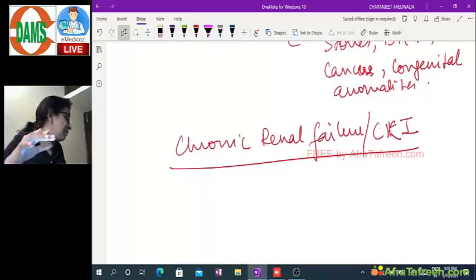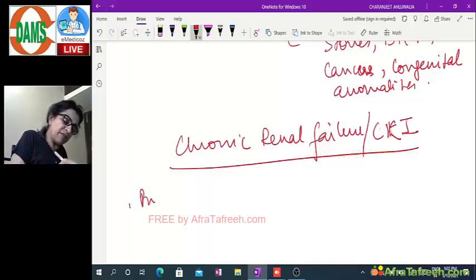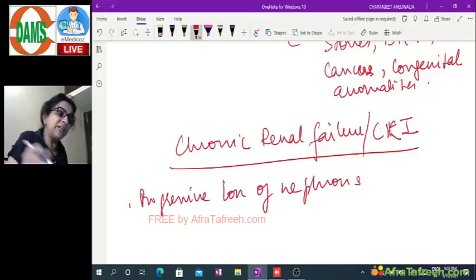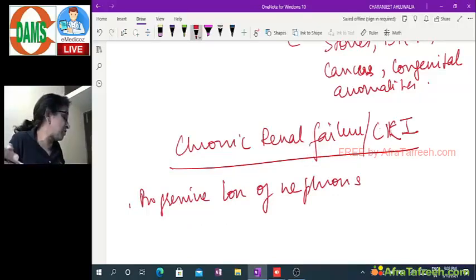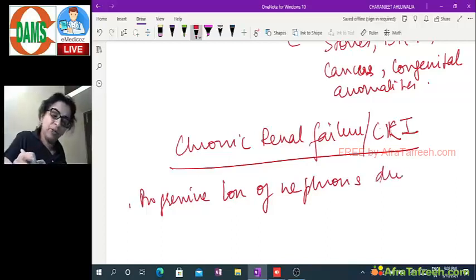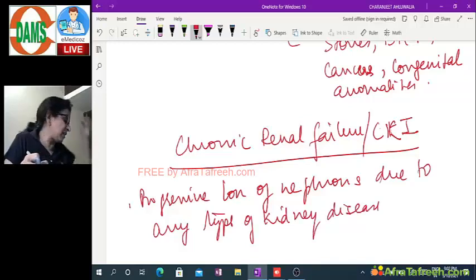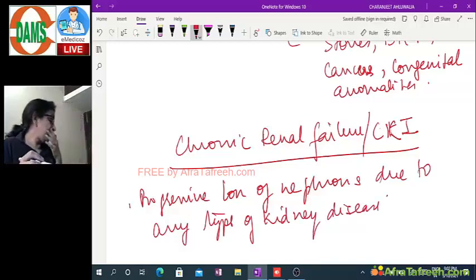Renal failure occurring slowly, with progressive loss of nephrons. The nephrons, the functional units of the kidney, are lost. Progressive loss of nephrons results from any type of kidney disease, so any type of kidney disease results in progressive loss of renal function.